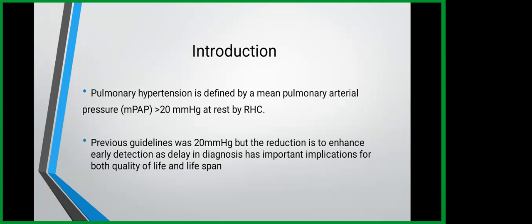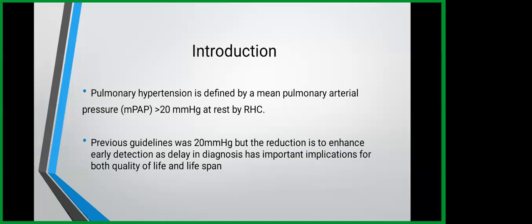But they brought down the cutoff to 20 in order to get early detection, and early detection will lead to early treatment, and early treatment has shown improved mortality, even improved outcomes. So that's why the definition was brought down.